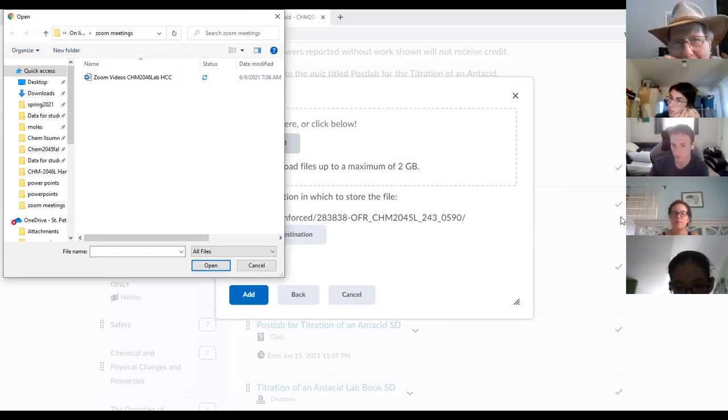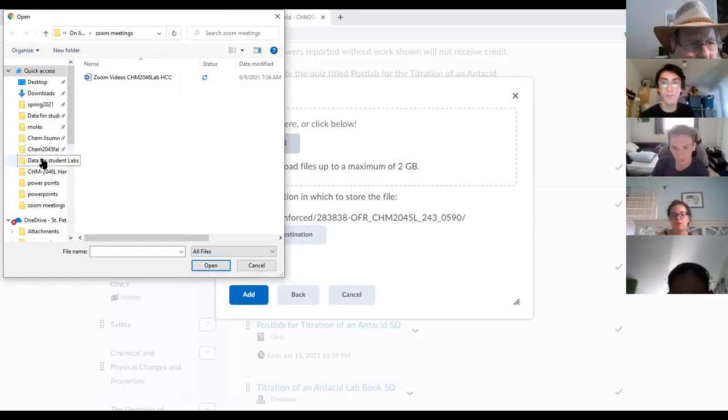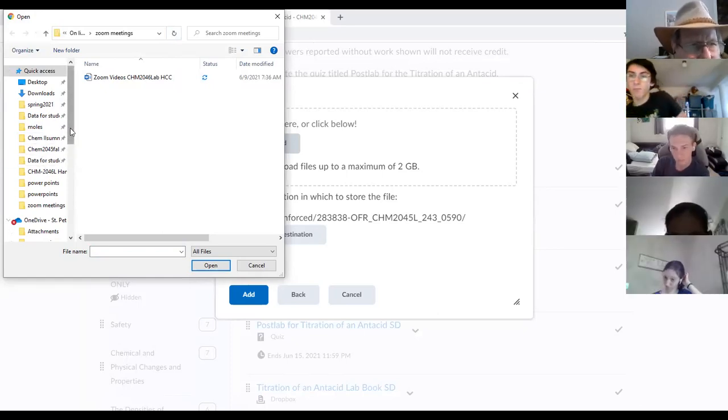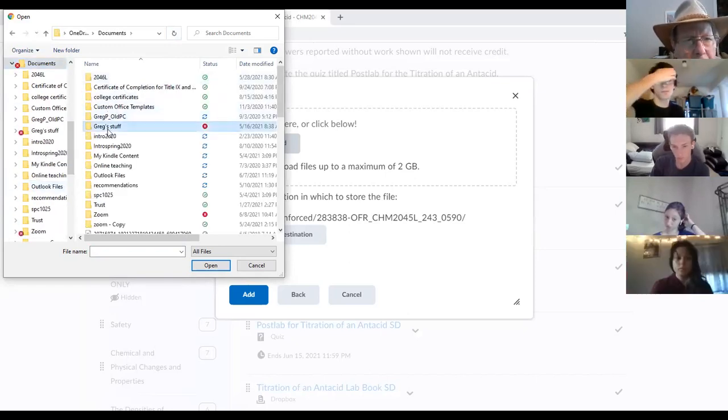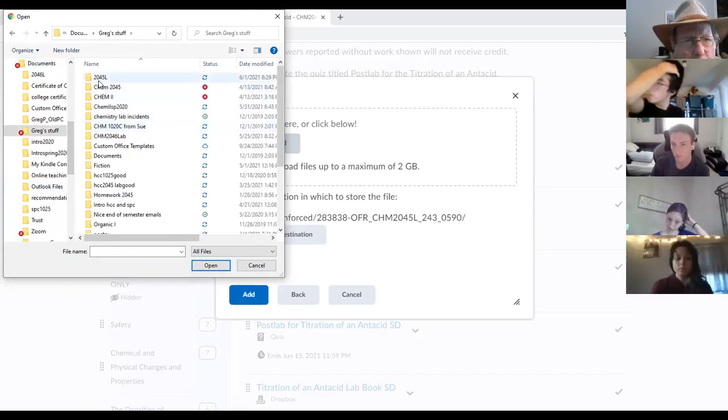Weren't you doing an error analysis with the Postlab? Yes. If you want to use that over again, go ahead. But you have to understand that you have to do the analysis portion of it.